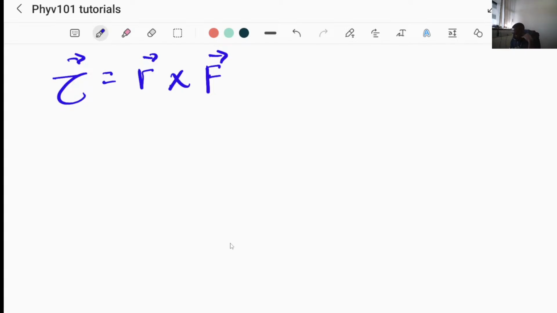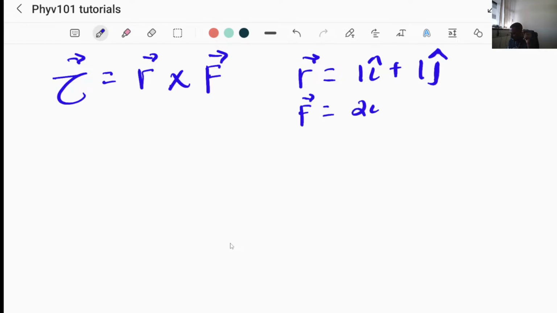We are given that R is a vector: 1 along I plus 1 along J. I'm hoping that you're watching what I'm doing. You are also given that the force is the vector 2I plus 3J.